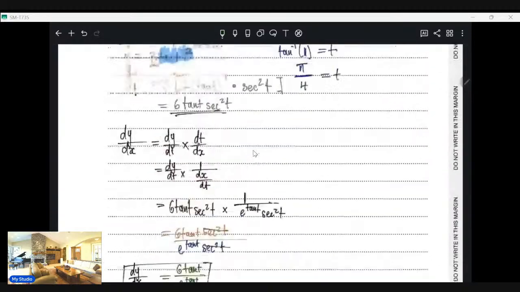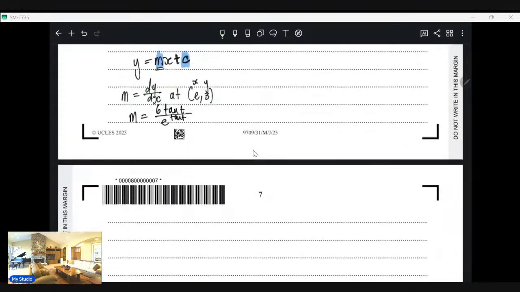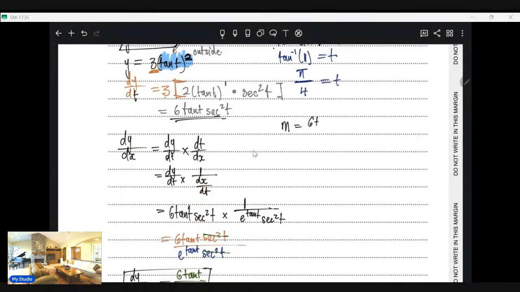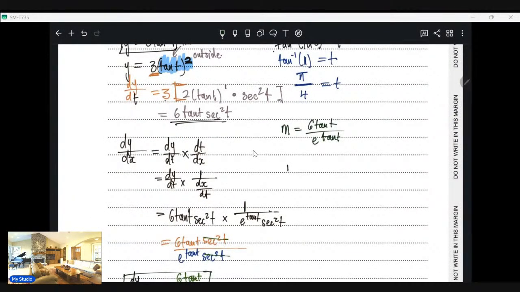So now that you have t, what is m? It is 6 tan t over e to the tan t. So now m will be equal to 6 tan pi over 4 divided by e to the tan pi over 4.